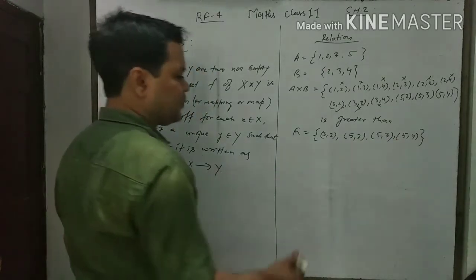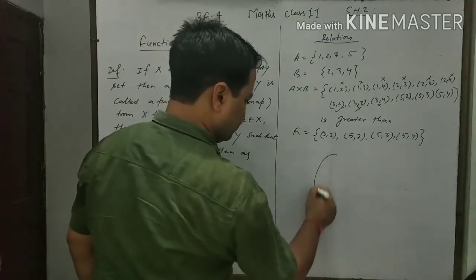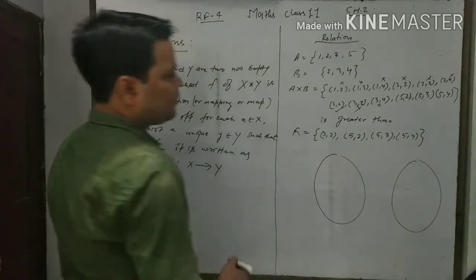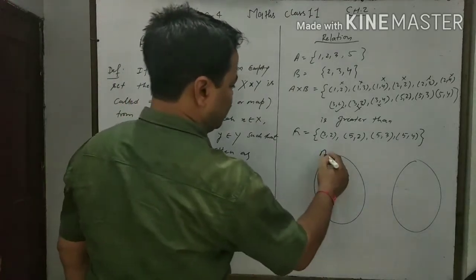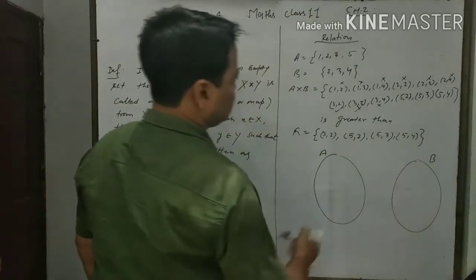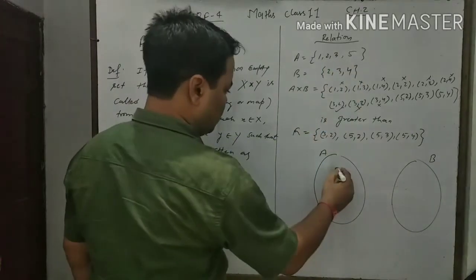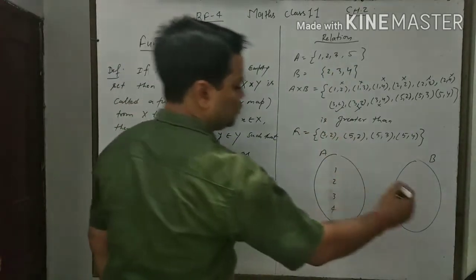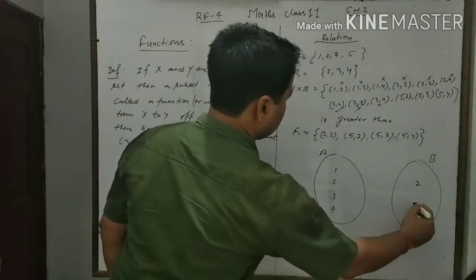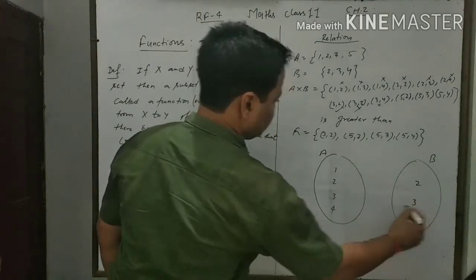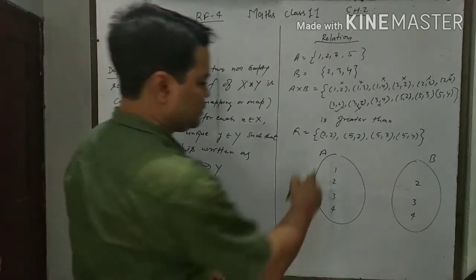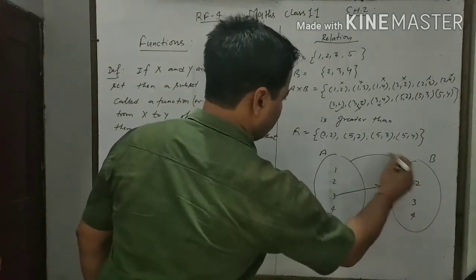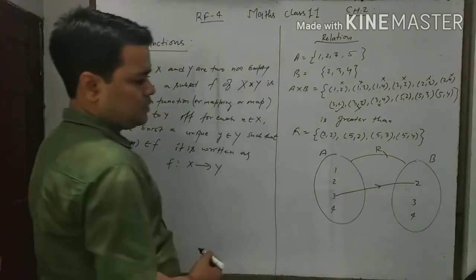It means if we get here two sets, set A and set B, here 1, 2, 3, 5 and here 2, 3, 4, then our relation is (3, 2). We have one relation (3, 2).